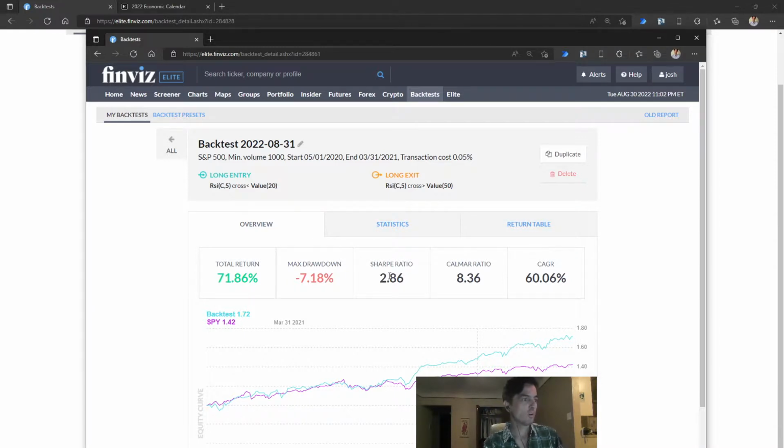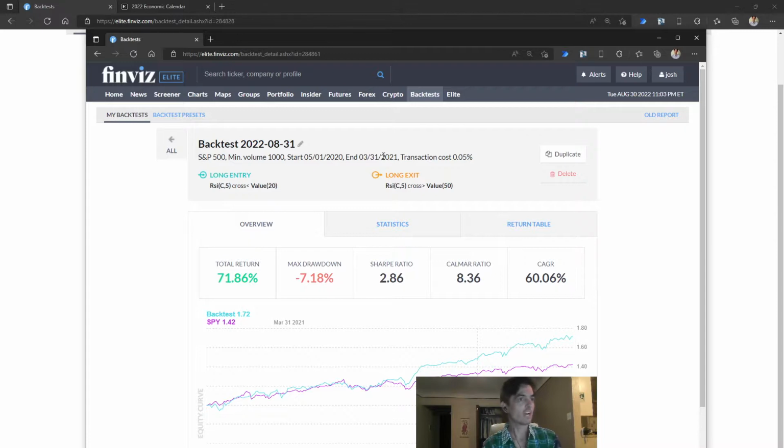The ratio probably means that you're in the market a lot more. Max drawdown's way less, so this is really good. This is a great number. So this is a great back test. I mean, I don't have any idea. It could just be a default. The dummy back test they put in there could probably be terrible.